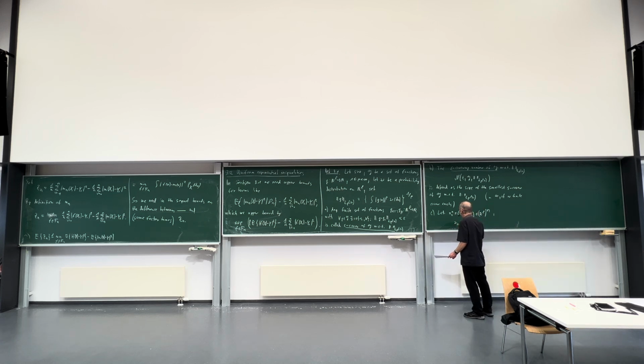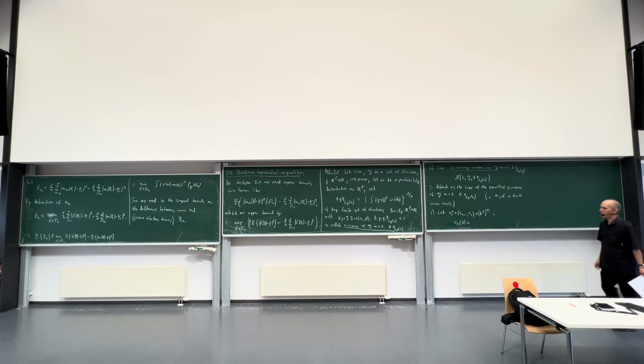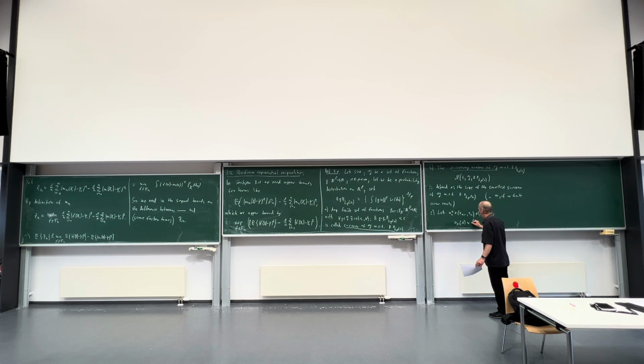I define mu_n of A as just the empirical measure of the points z_1 to z_n. So it's 1 divided by n times the sum over i equal 1 to n of the indicator of z_i in A, for A a subset of R^d.